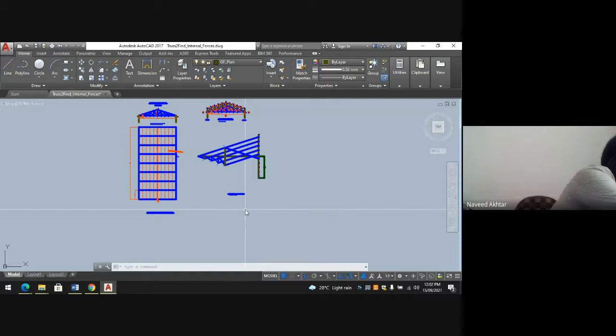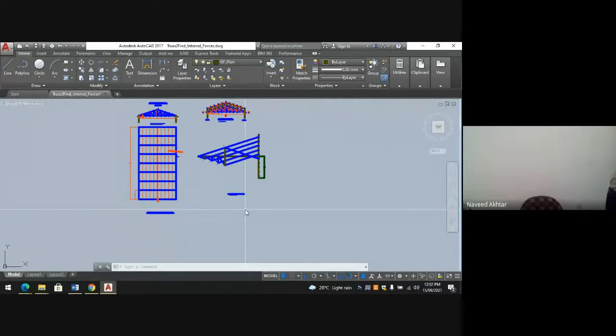So how can you draw the vector diagram? Draw the force table, and find out the member internal forces for the dead load. You can write them down. So make a force table, and exactly the opposite will come in the other case.